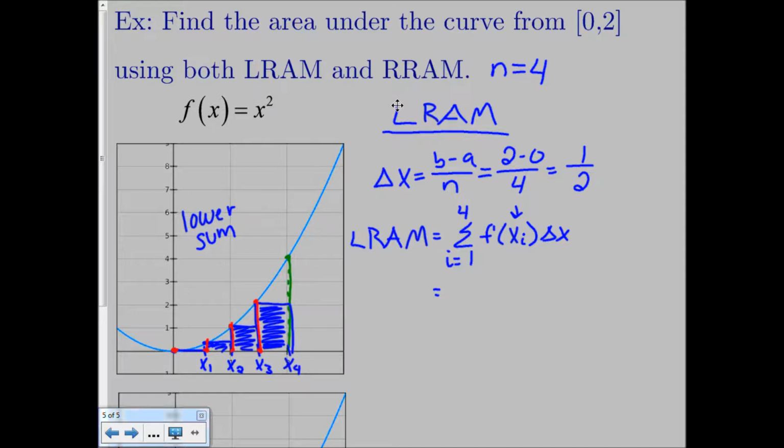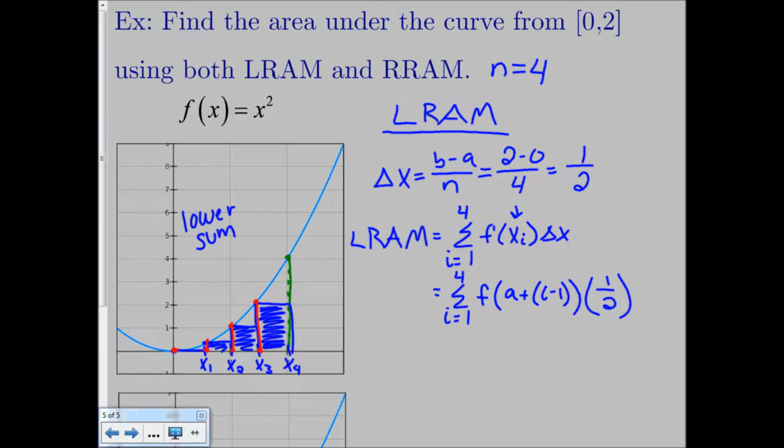So a lot of the times the formula you'll use depends on if you're doing LRAM or RRAM. But what you'll do is f of a plus, and if you're doing LRAM, it's usually i minus 1, and then we'll just put in our delta x as 1/2. And now you might be saying, why is it i minus 1?